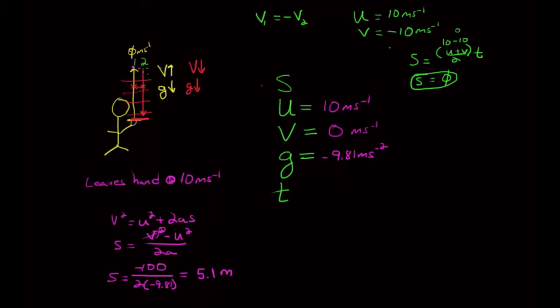Well, guess what? It's going to fall 5.1 meters too. So its total distance, as it comes back down, is going to be 10.2 meters. Now, a lot of times you'll get asked the question, how high did it go? And so all you need to figure is this. You may get the question, how far did it travel the entire time it was in the air?